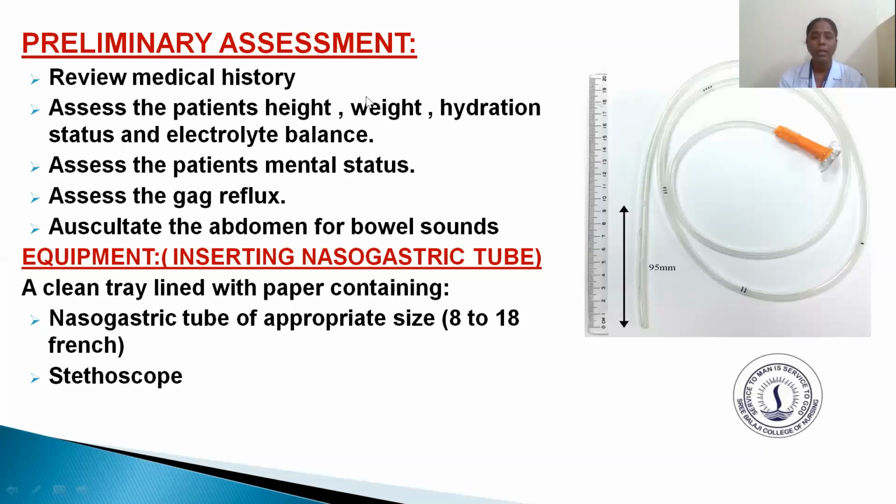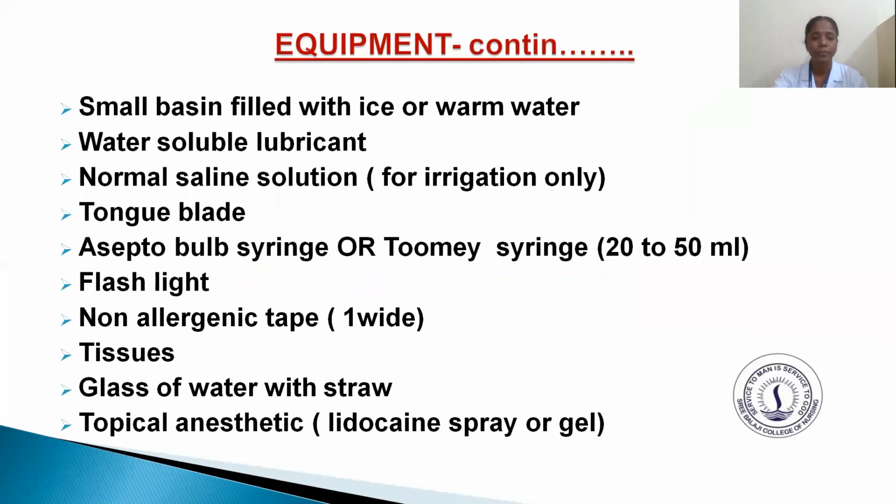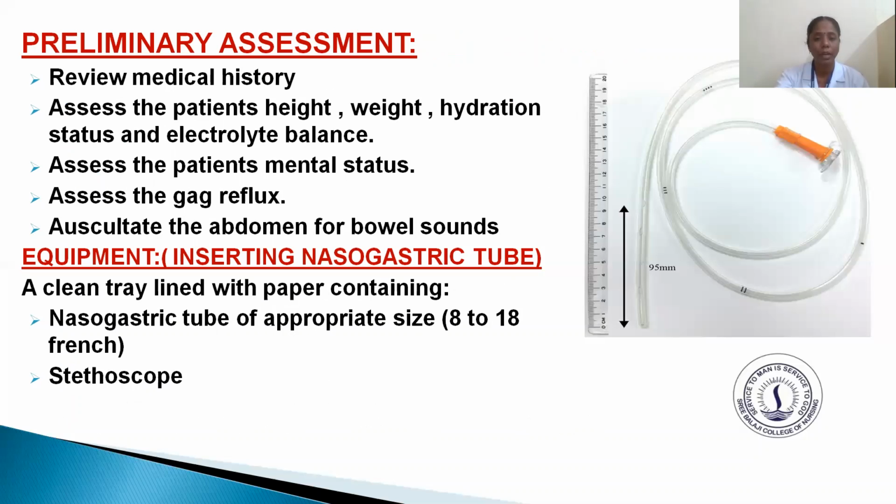The tube length is 95 centimeters, and the stethoscope is a must. Equipment one is the nasogastric tube, 8 to 18 French, and a stethoscope.